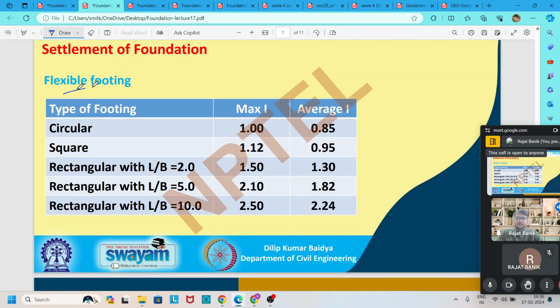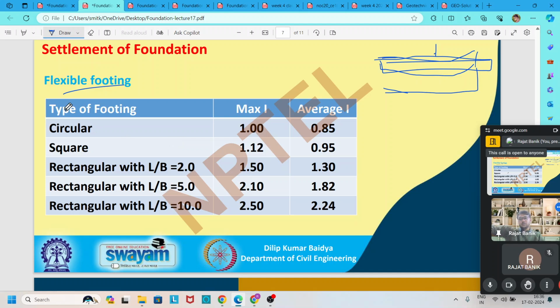Similarly, for flexible footing, that means when we apply load, bending may occur in the foundation, and the settlement under the footing may not be uniform.